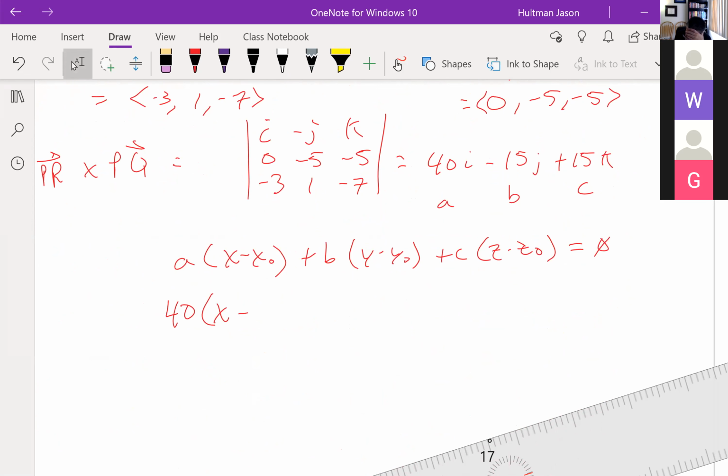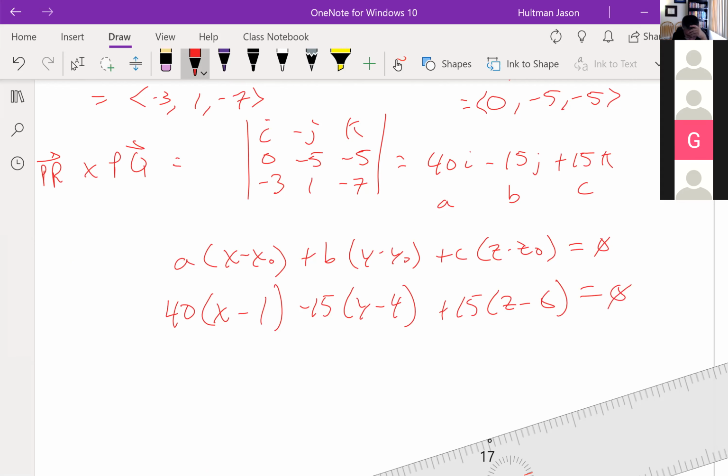So 40 times x minus 1, minus 15 times y minus 4, plus 15 times z minus 6 is equal to 0.